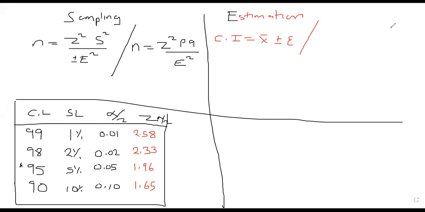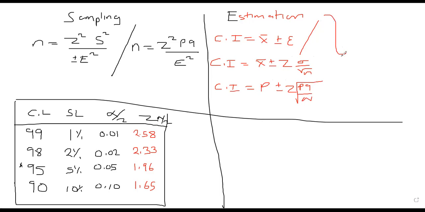Or to expand this, our confidence interval is equal to the mean plus or minus the Z standard deviation over square root of n. If you're using a proportion, we're going to use the proportion plus or minus Z. Then here we have P Q over the capital N.